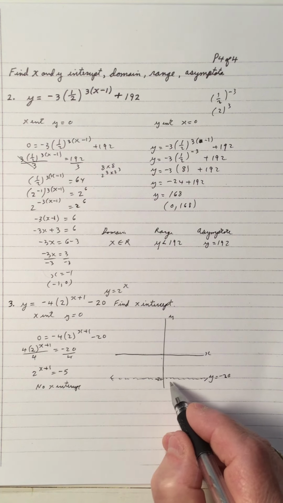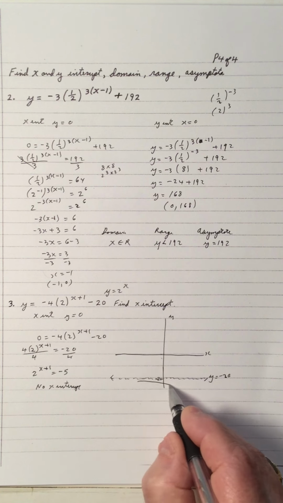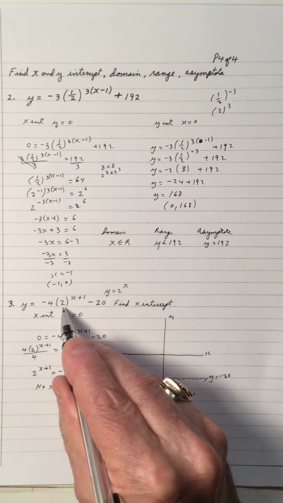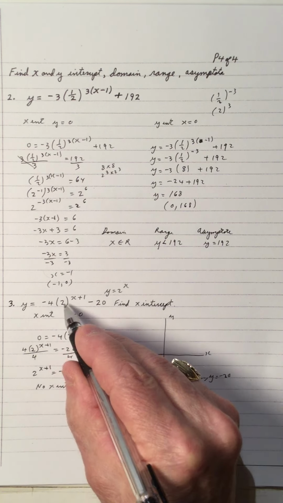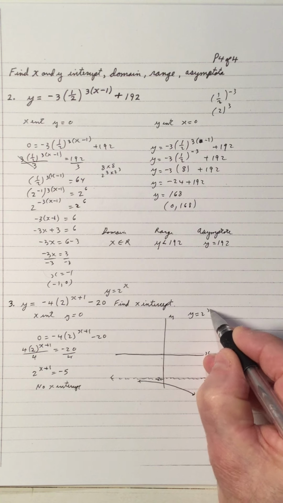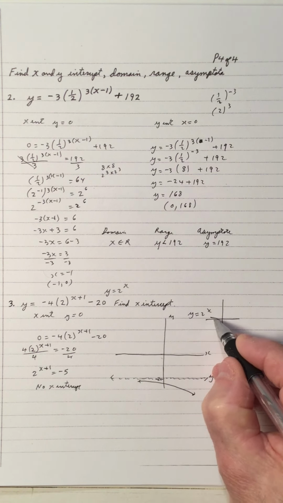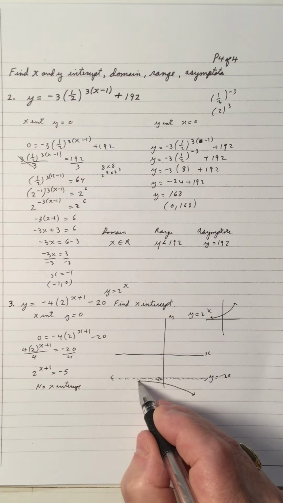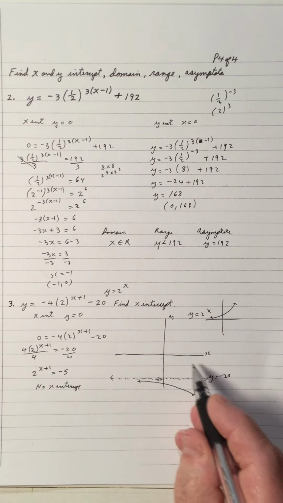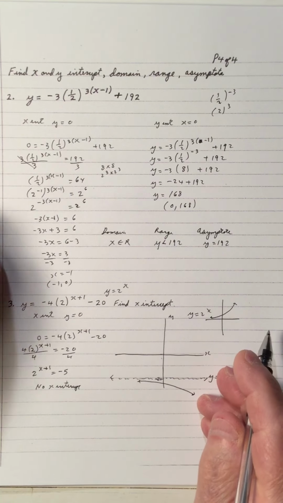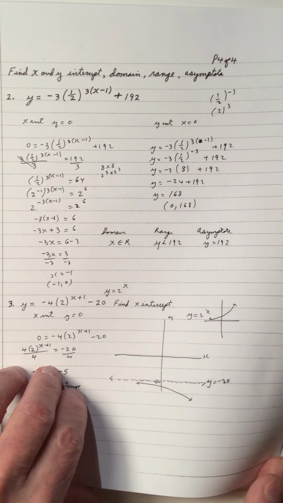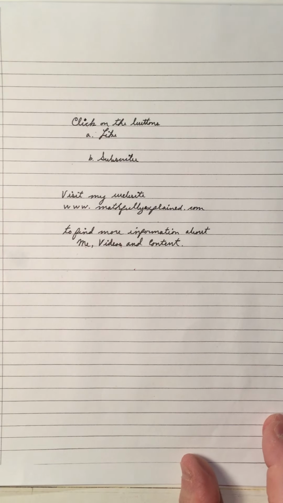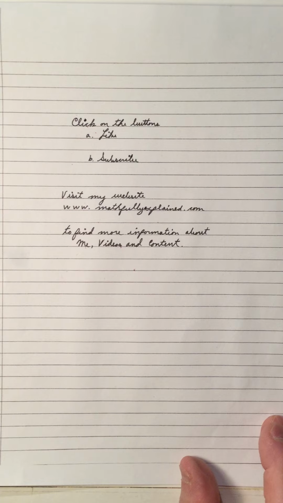So the graph is going to go like this. Because if this was a growth curve, because it's a 2, y equals 2 to the x would be a graph doing this. So when this is negative, it's reflected in the x-axis. So there it is there, and that's why it has no x-intercept. Just a review of solving equations, looking at different aspects of the exponential function.